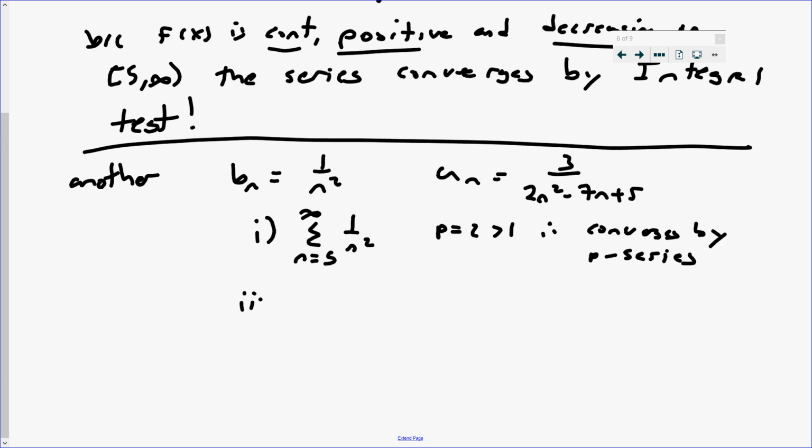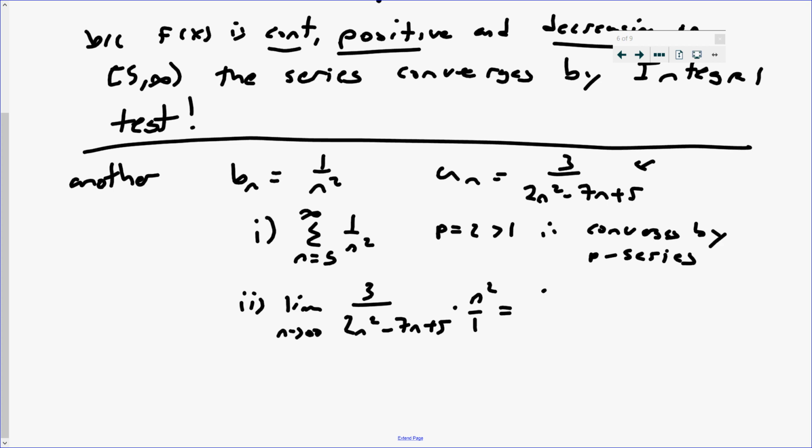And then step 2, I'm going to use limit comparison. I take the limit as n goes to infinity. I'm going to use limit comparison because a sub n is pretty nasty. And if I do limit comparison, I'm just going to flip it. I'm going to get 3 over (2n squared minus 7n plus 5). Flip b sub n, I get n squared over 1.